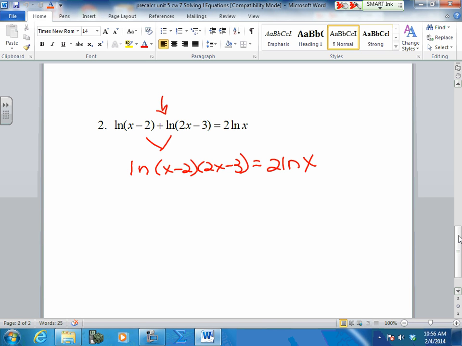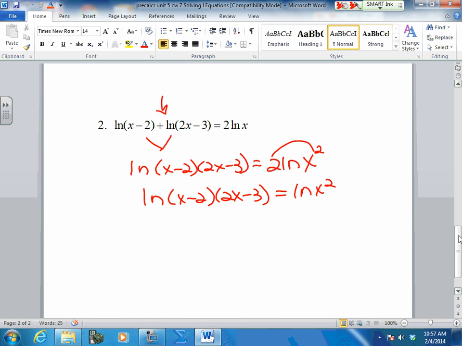Okay, what else am I going to have to do? Bring the 2 up. It's got to be a 1 out here. So bring this 2 up. Now, how many terms are on the left side of this? 1.